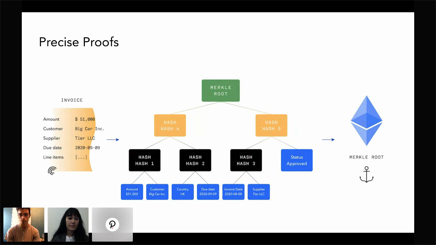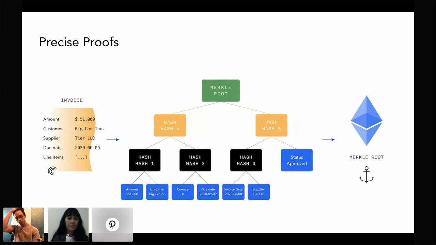In this example, it's an invoice, and you have an amount of 51,000 and a supplier that's Tier LLC. So you can think, if I'm the owner of this document and I want to upload it to the chain, I may want to provide the information that the amount is 51,000, but keep that the supplier is Tier LLC private so that that's not on chain.